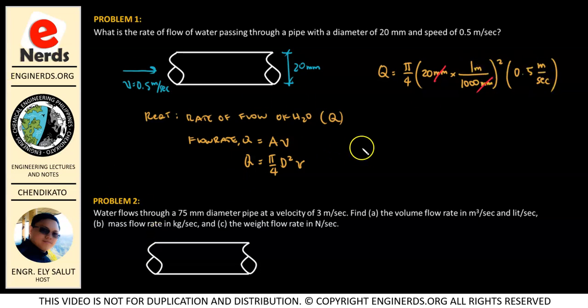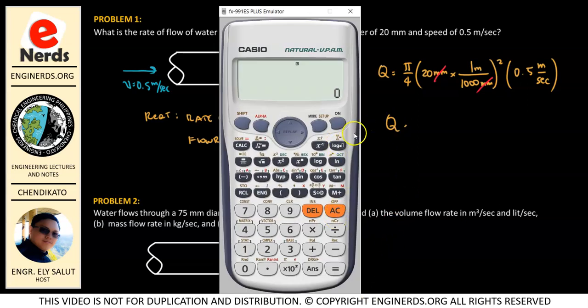So, let us calculate our Q. Our Q will be equal to pi divided by 4, multiplied to 20 divided by 1,000, and we're going to square that, then multiplied to 0.5.